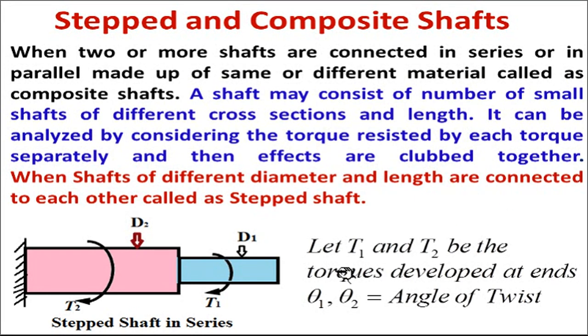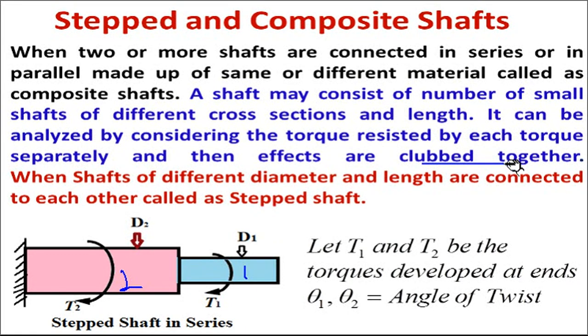So what it means? Whenever we are calculating, suppose, elongation, stress or strain, that is calculated individually first, for this shaft number 1 first, then for number 2, and then the effects are clubbed together, means 1 and 2 are added.